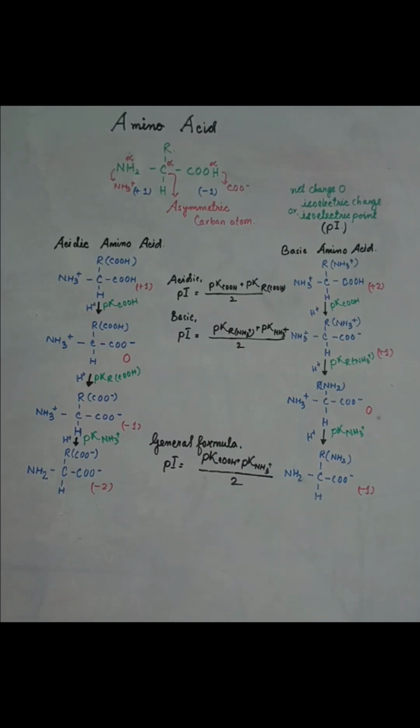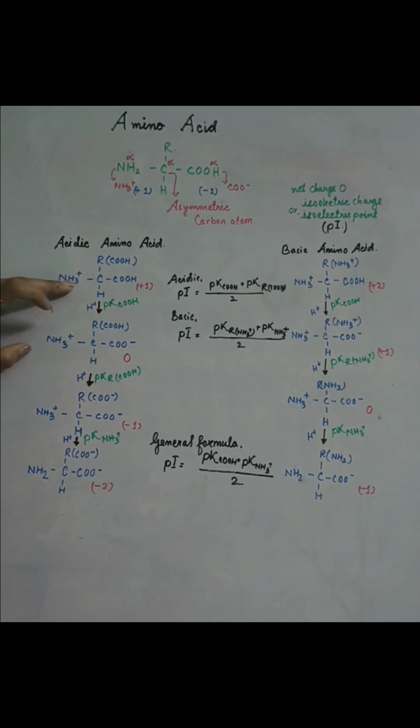Now how? Basically, here this is an acidic amino acid that carries a COOH group in its side chain R group. Now in this case, the first charge is basically +1. That means this is a cation formation of this acidic amino acid, as the NH3+ is here in case of the amino group.